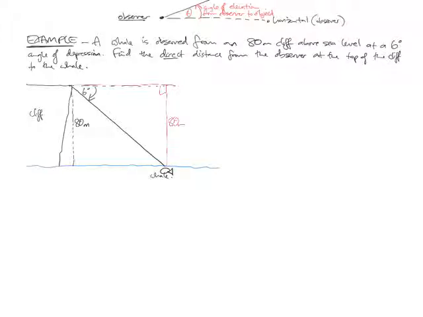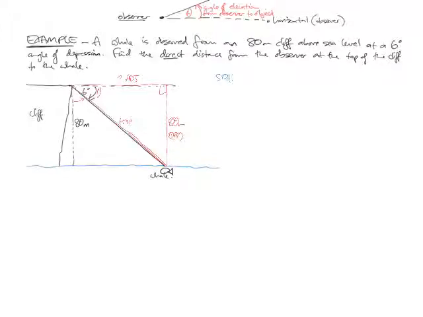We don't know what this side is, and the thing that we're trying to find, the direct distance, is the hypotenuse here. So we can jump the gun, and instead of doing a step to work out this angle, we can just use that 6 degrees straight away. So theta is 6 degrees, so 80 meters is opposite. This is the hypotenuse, which we're trying to work out, and this is the adjacent.